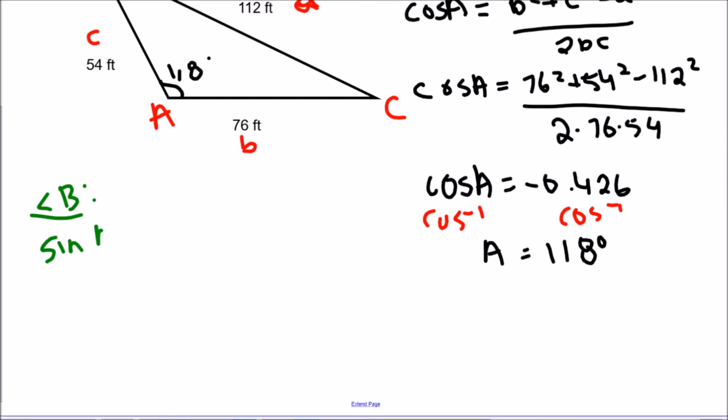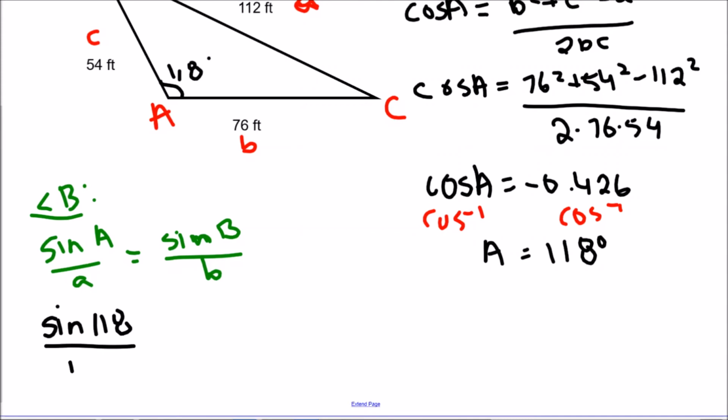Sine A over A because I know angle A and side A. And I'm going to set it equal to sine B over B because I'm trying to find angle B, but I know side length B. So plugging in the numbers we have, sine 118 over 112 equals sine B, right?